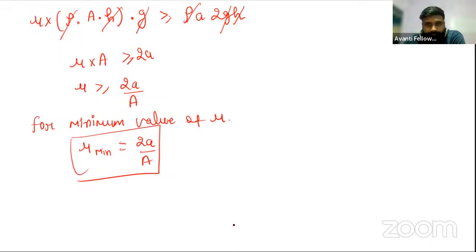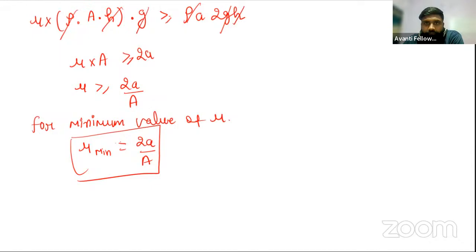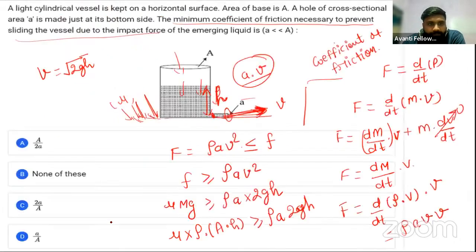Got it? So this is the minimum coefficient of friction that we require to prevent this vessel from sliding on this surface. Option C is the correct one.